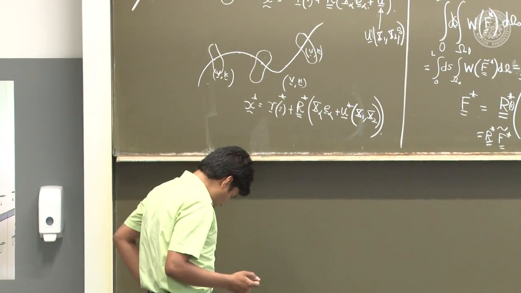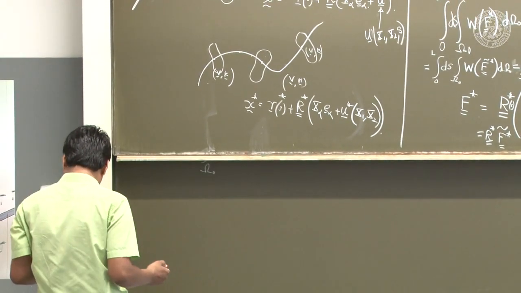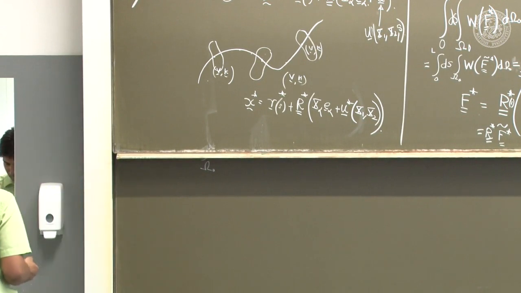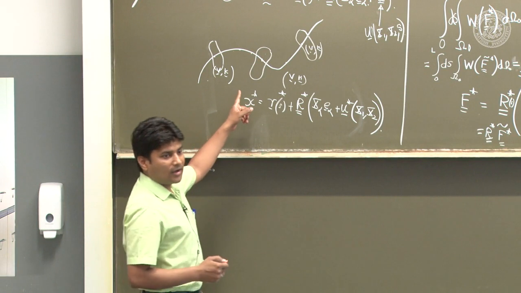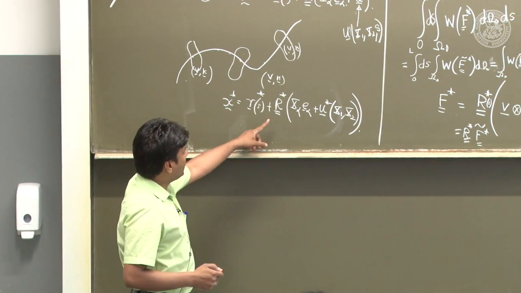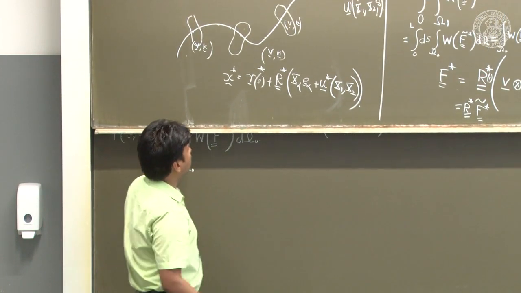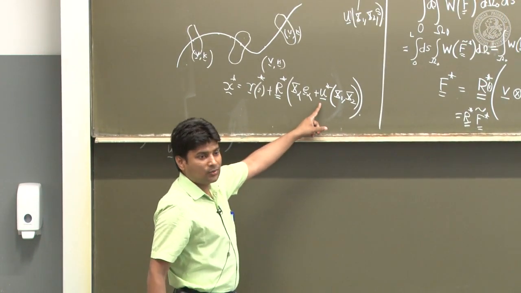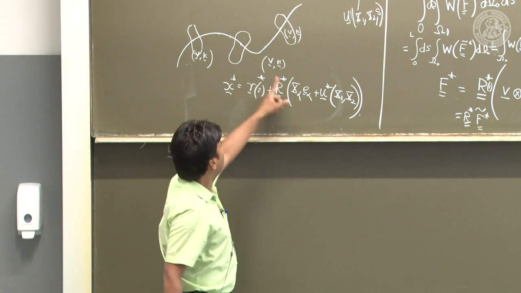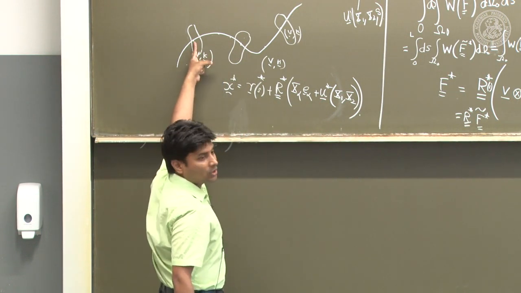Now, when you do this minimization, it is possible that you get such a u which changes the centroid of the cross section.